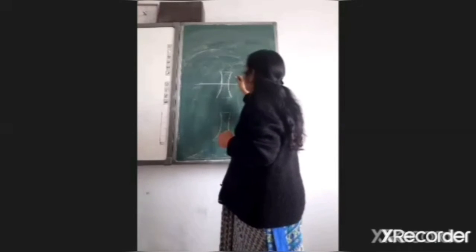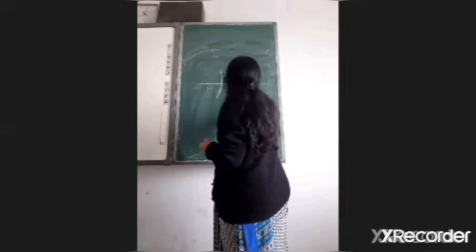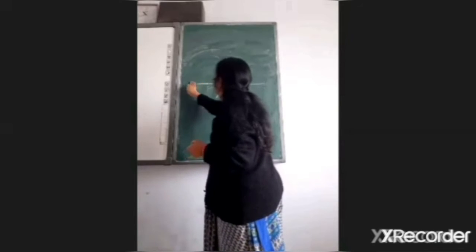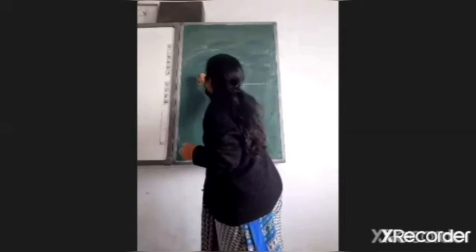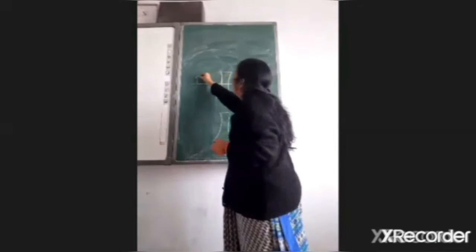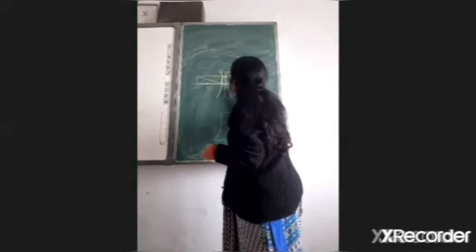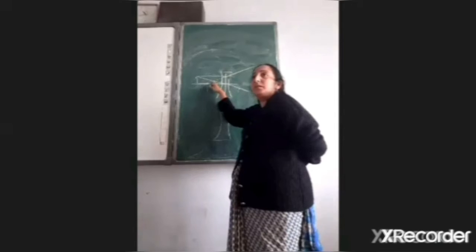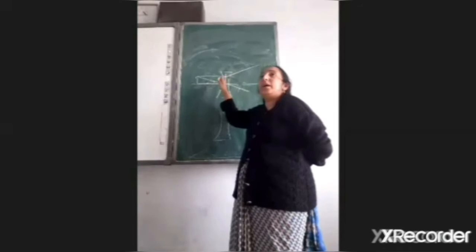So when the object is placed beyond f, if this is your f, then what will happen whenever we have a parallel beam of light? Since it is very diminished, and erect.